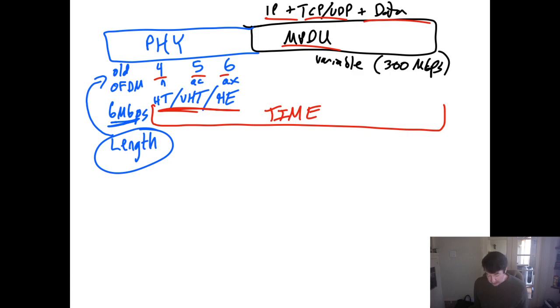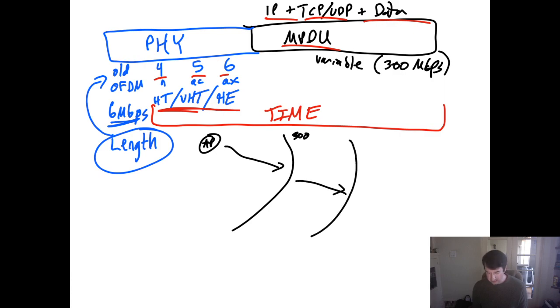And so the bottom line is, I have my access point here, and it has a certain range where, let's say, it can hit 300 megabits per second, and another range where maybe it can hit somewhere in the neighborhood of 144 megabits per second, and another range where maybe it can hit 6 megabits per second.